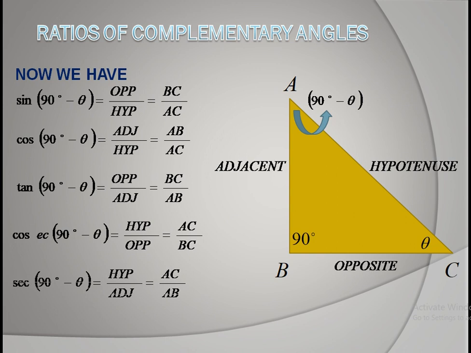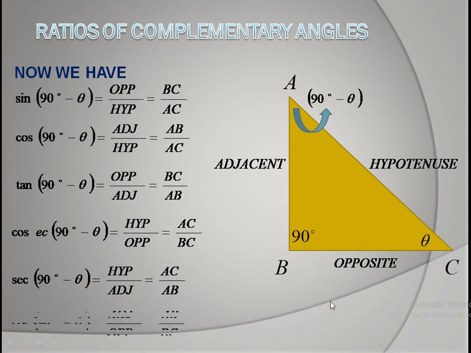Next, sec of 90 degrees minus theta is equal to hypotenuse by adjacent, which is AC by AB. Now next, cot of 90 degrees minus theta is equal to adjacent by opposite. Here the adjacent side is AB and the opposite side is BC. We see it in the figure. Thus cot of 90 degrees minus theta is equal to AB by BC.